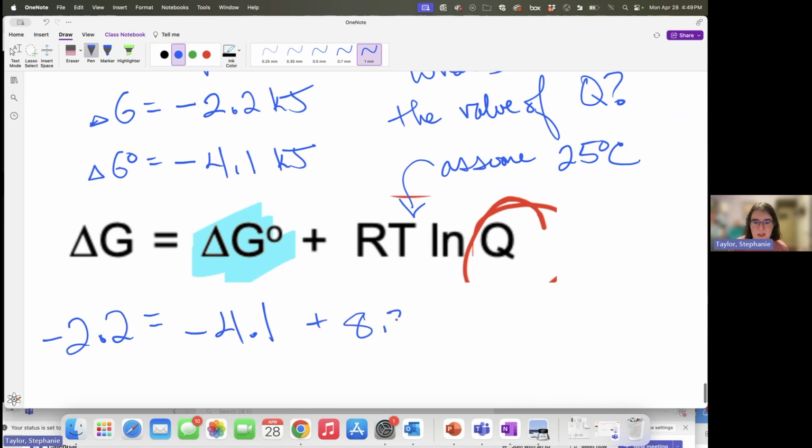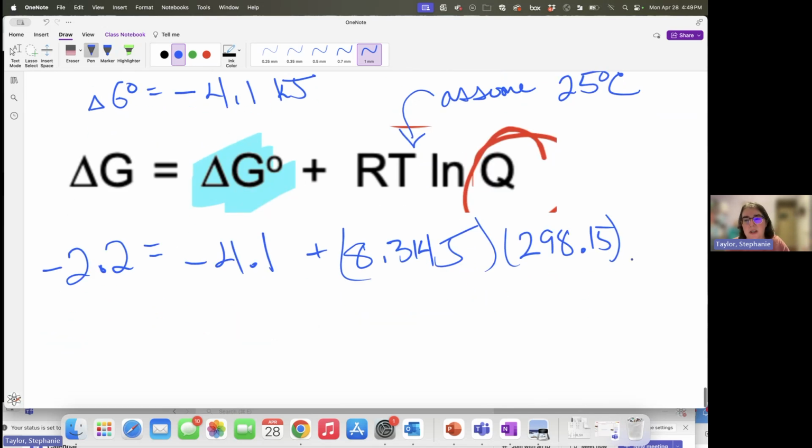My gas constant is not in kilojoules, that's in joules, times the temperature, 298.15, times the natural log of Q. So doing all of this over here, negative 2.2 plus 4.1. I'm adding 4.1 to both sides to get this positive 1.9.